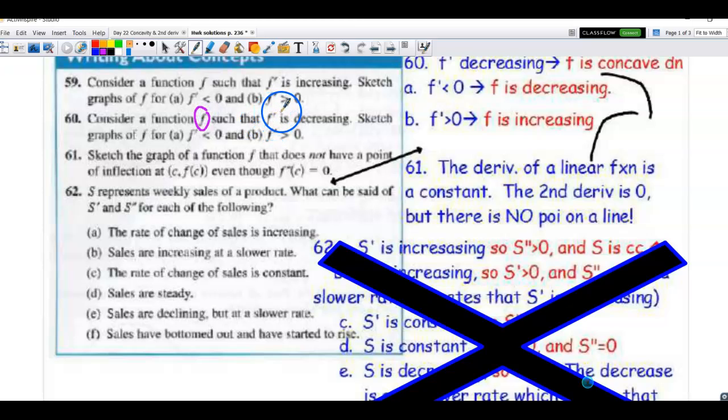This time, f prime, first derivative, is decreasing, which tells me that f is concave down. We're going to do the same thing for the second part. So we're going to have one graph where the first derivative is less than 0, which means that f is decreasing, and the first derivative is greater than 0, which means that f is increasing.